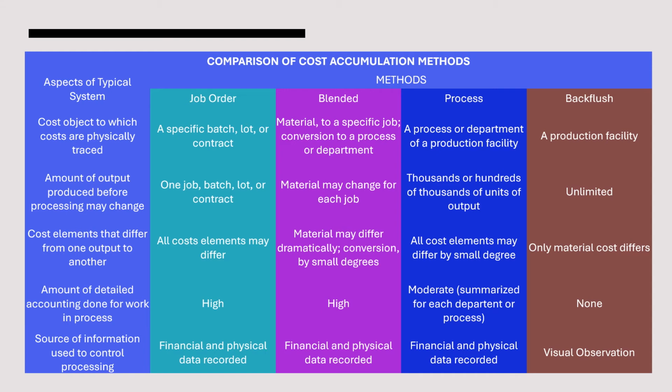So again, this is very similar, and all costs may differ by a small degree. As compared to job order and blended, the amount of detailed accounting work for this is summarized for each department or process. Okay, so again, you'll be able to appreciate this table as you complete this course, or as we tackle each and every cost system along the way.